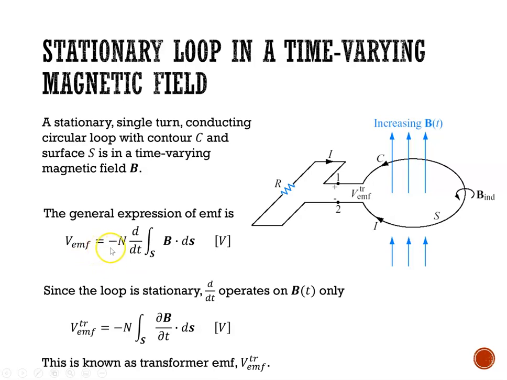So VEMF is equal to minus N d over dt, the integration of the magnetic flux density B with respect to surface. But if it is stationary, d over dt operates on B(t) only. So this is known as the VEMF of the transformer.